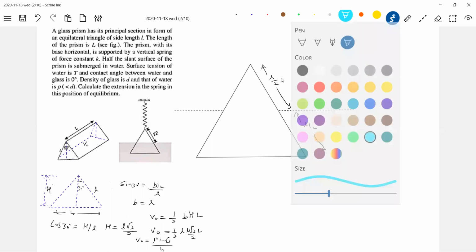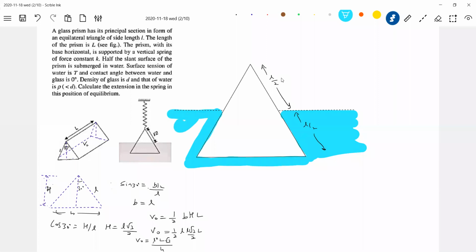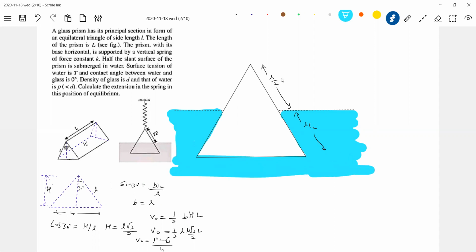Everything here is water. Go back to the fluid buoyancy concept and get that buoyant force. I'm giving a plane diagram. Fine now. So half of this. Let me bring it.